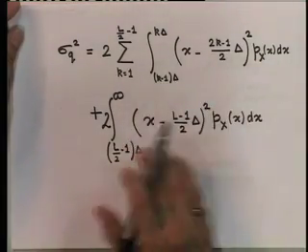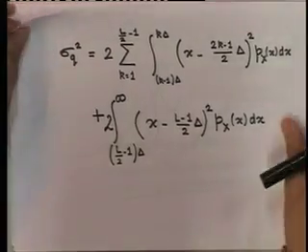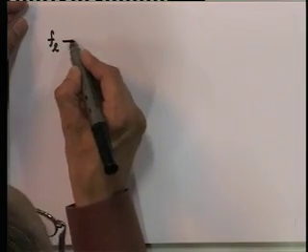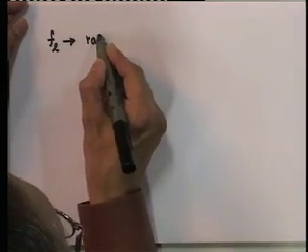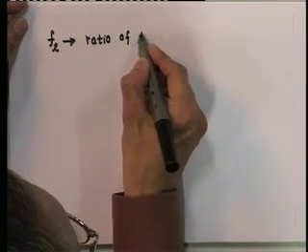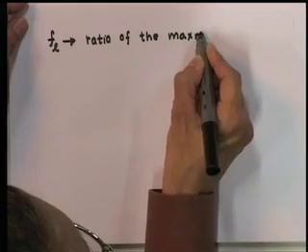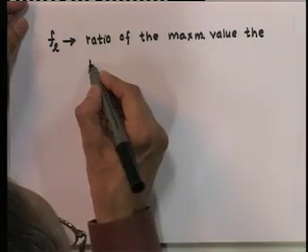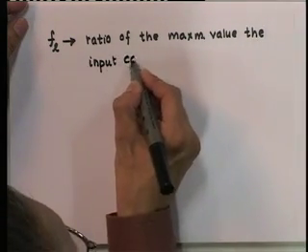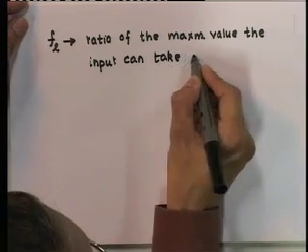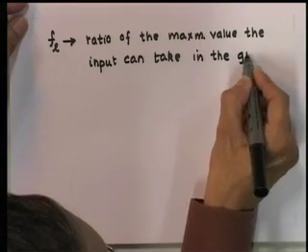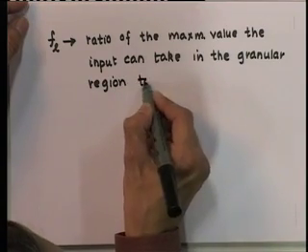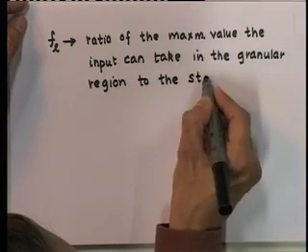An important parameter that describes this trade-off is the loading factor FL, which is defined as the ratio of the maximum value the input can take in the granular region to the standard deviation.